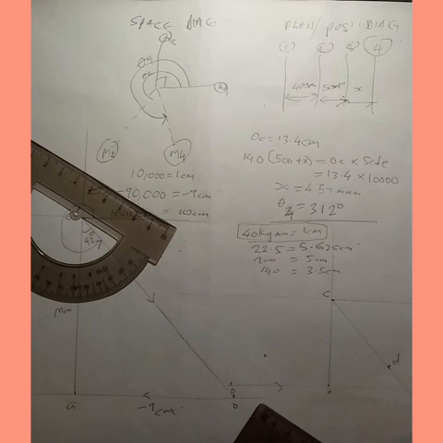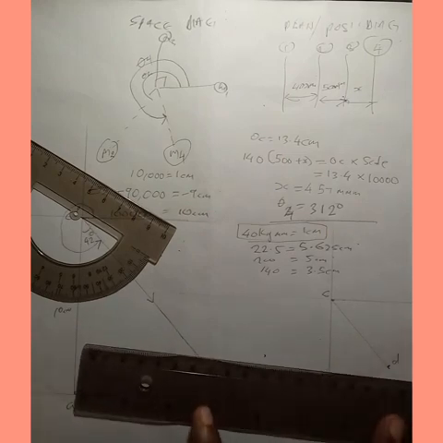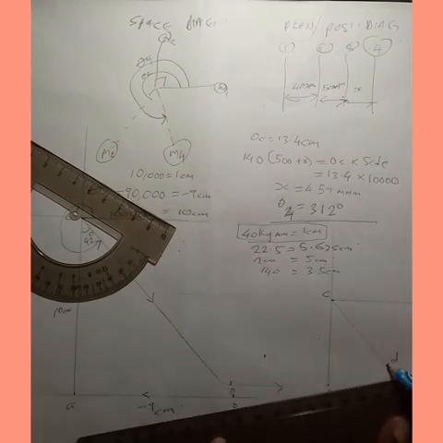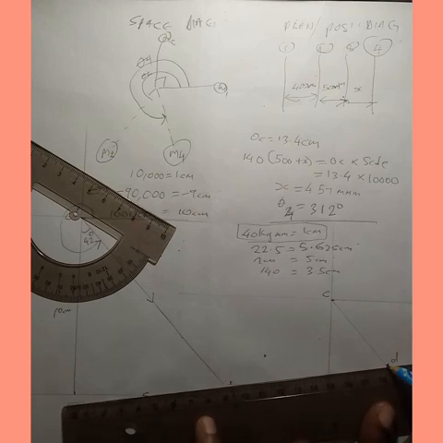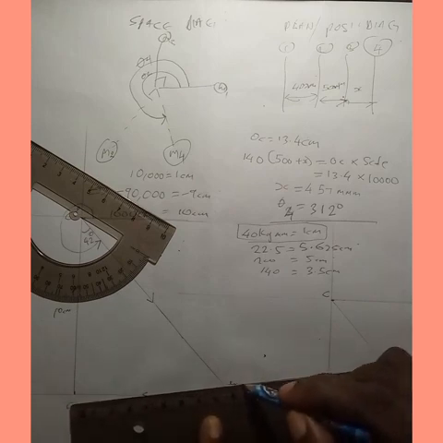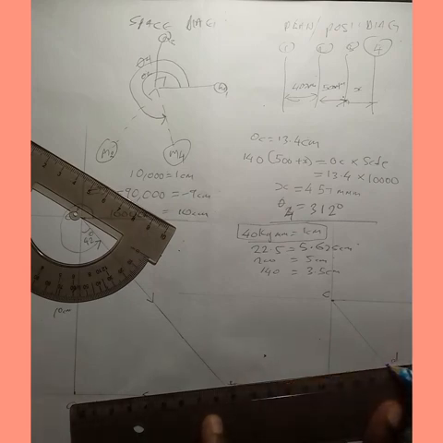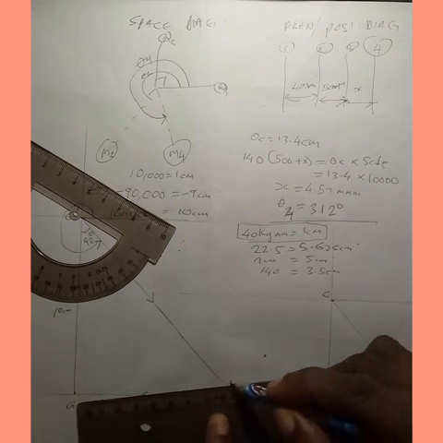Now from point D to the starting point, that will be the closing line, and we can use a short dash line there.